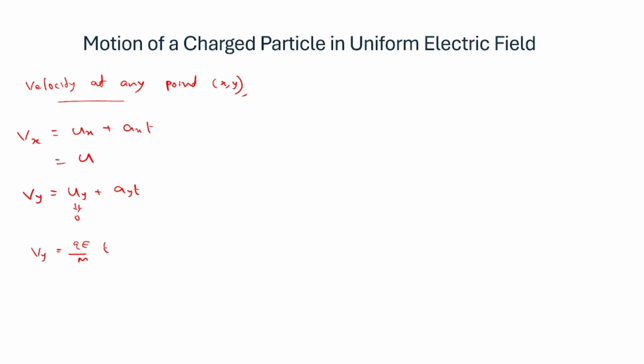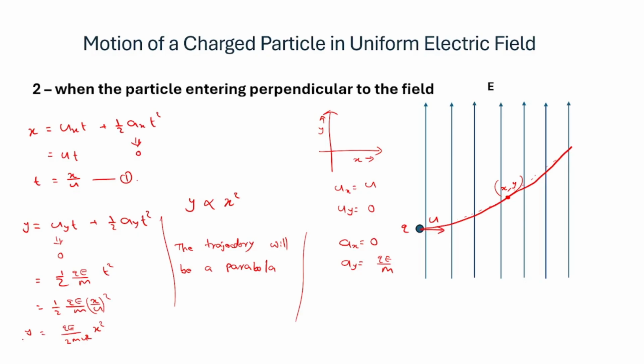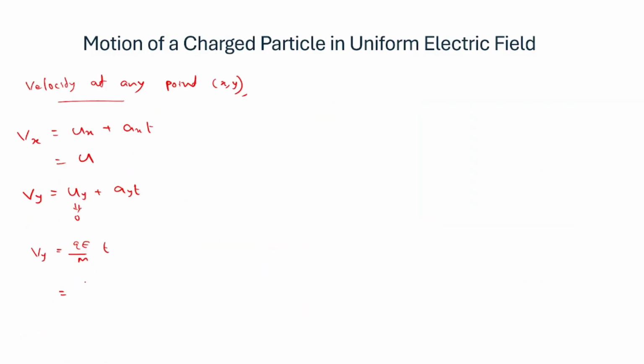So we can substitute the value of t from equation number 1, that is x upon u, that is qE upon m into x upon u. So this is the velocity in y direction.